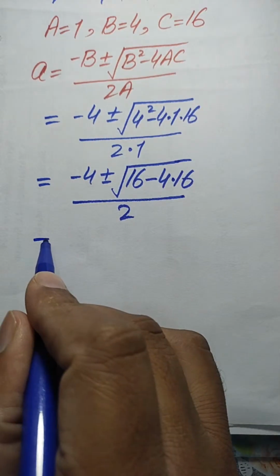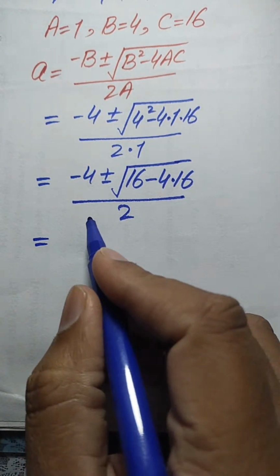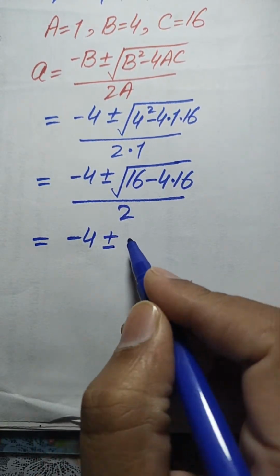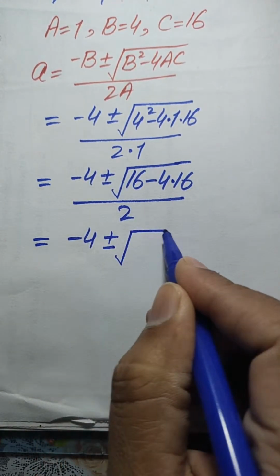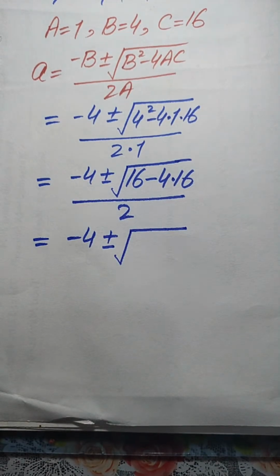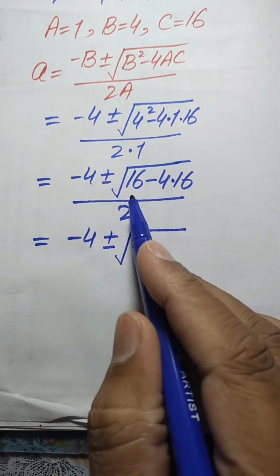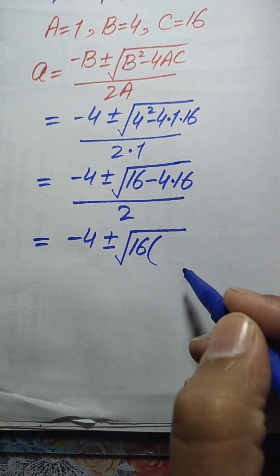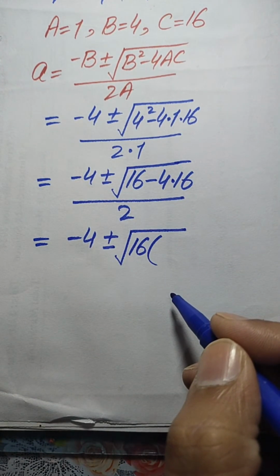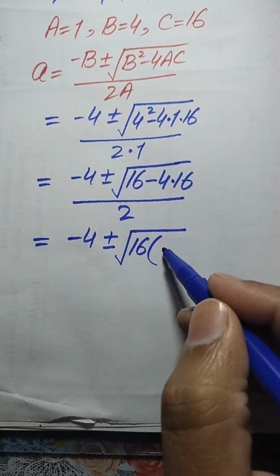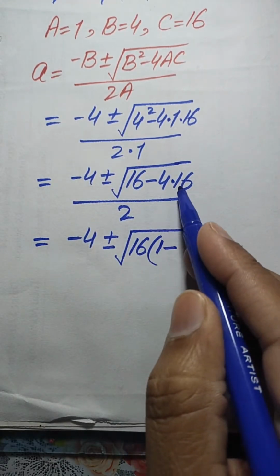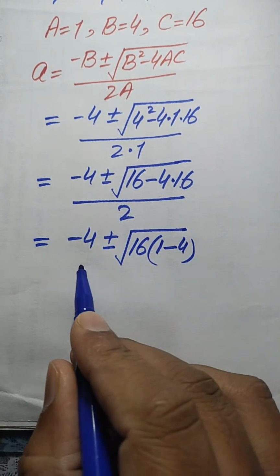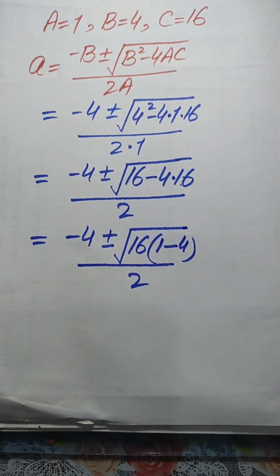So here we need more simplifications, and it will be written as minus 4 plus minus square root of, here you see inside the square root sign we have 16 as a common term, so we take 16 common from here and we get 1 minus 4, and it is divided by 2.